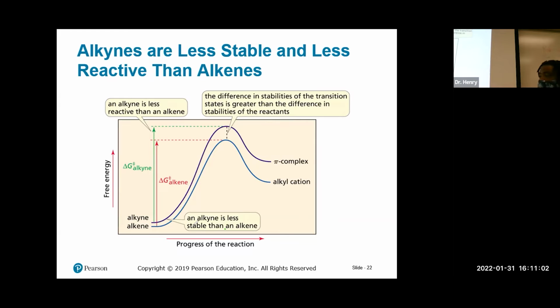We know that alkynes are going to be less stable than the alkene, and we also know that the pi complex is going to be less stable than the acyl cation. Although we know that the pi complex is more stable than which cation?